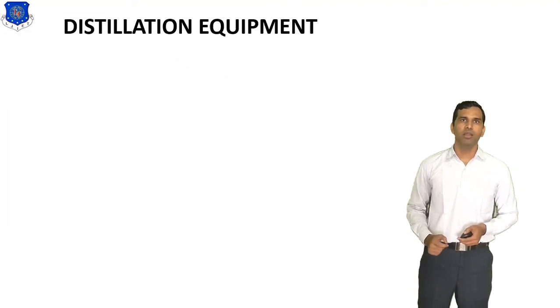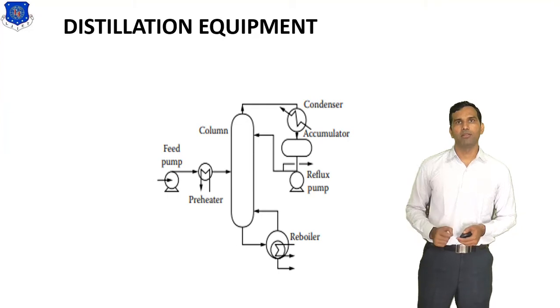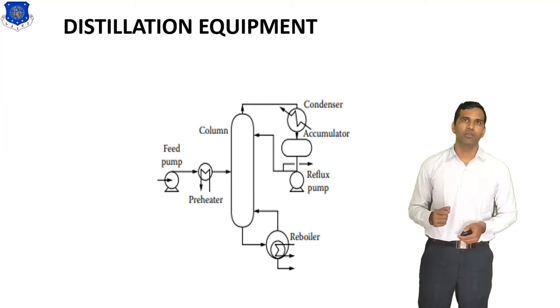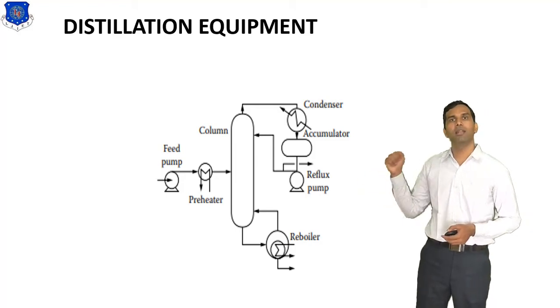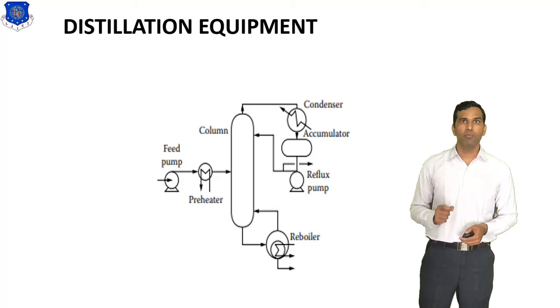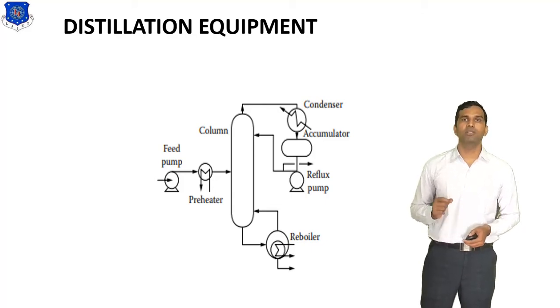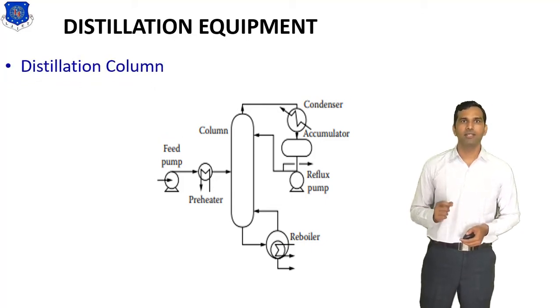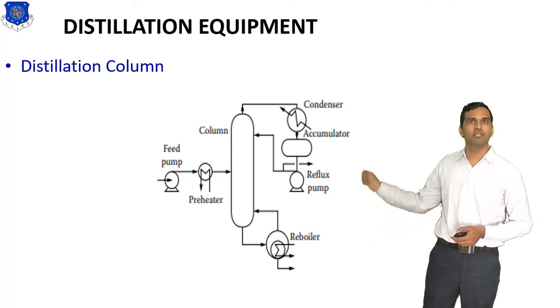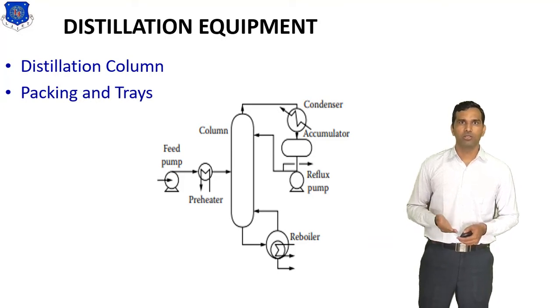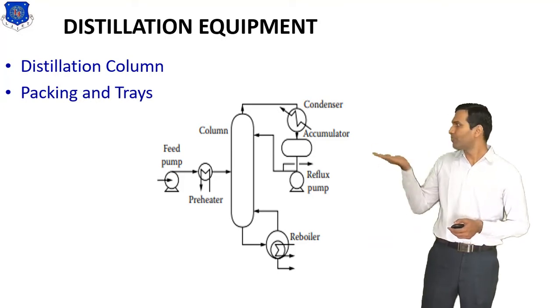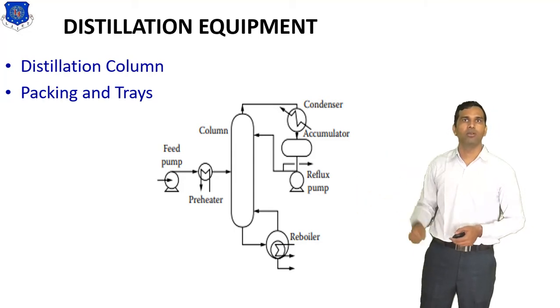Now, distillation equipment. In the industry, the distillation process involves a number of equipment. So which is that equipment? You can see in the figure there are a number of equipment. The first important one is the distillation column. Next one is packing and trays; in the distillation column, the trays are put.